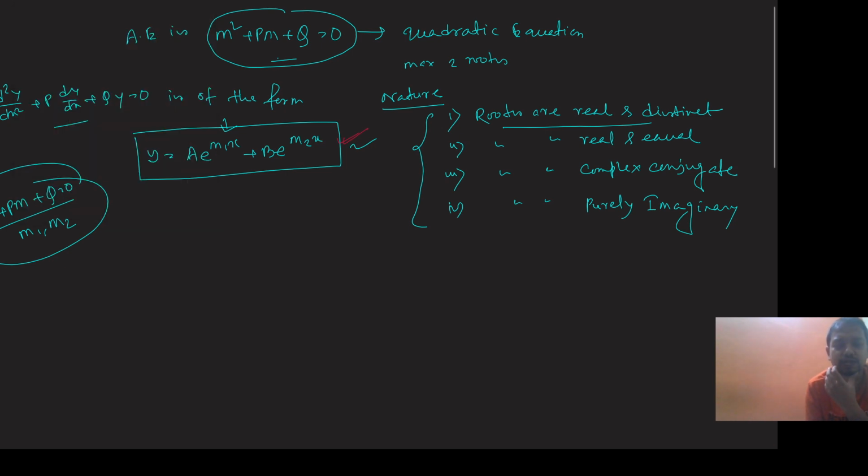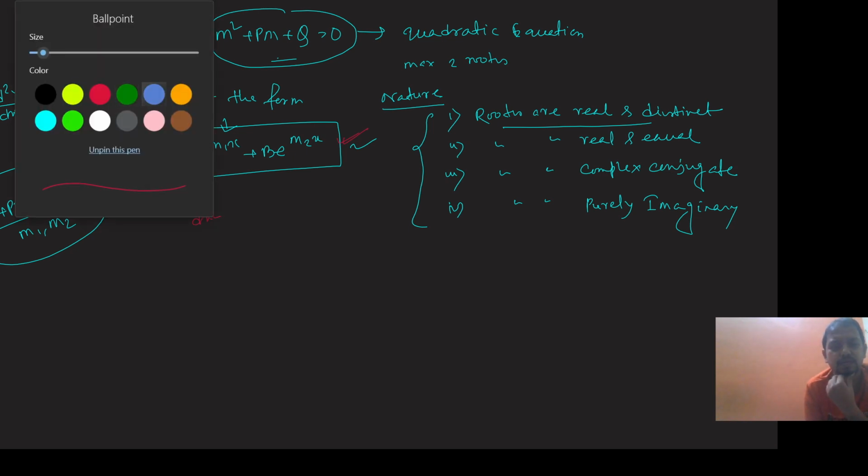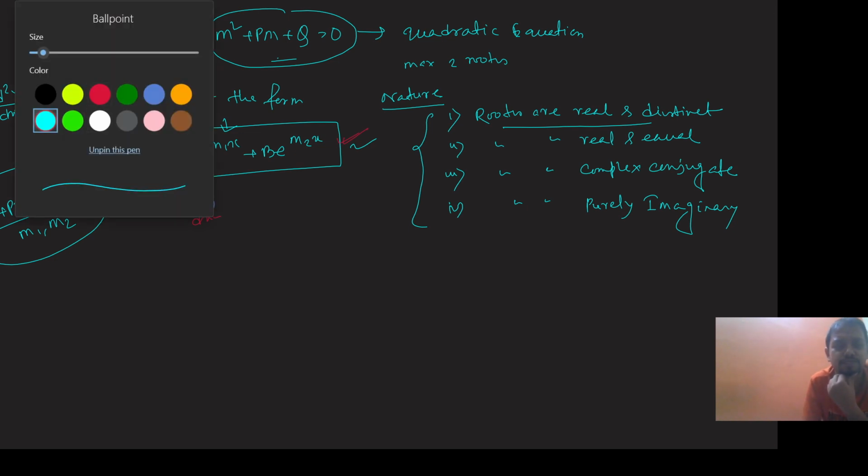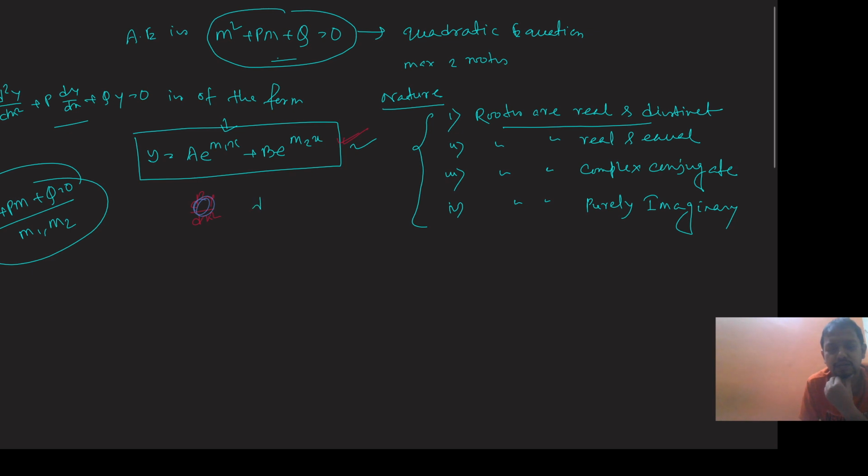And in the next, if we take one example, d²y/dx² minus 3 dy/dx plus 2y is equal to 0.